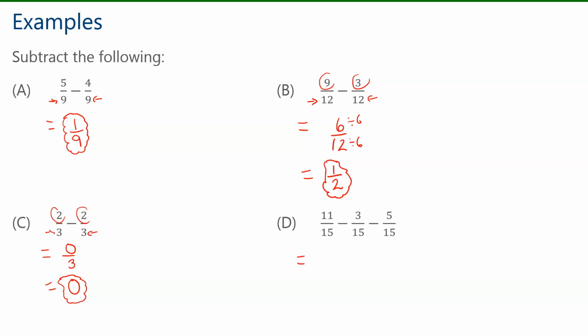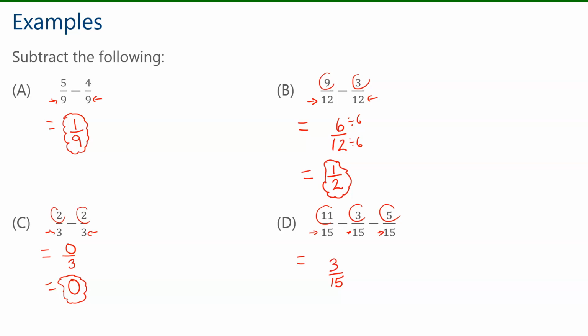In D, we have 3 fractions, 3 denominators, but they're all 15, so we copy down that common denominator. My numerators are 11, subtract 3, and then subtract another 5. So I subtract them in that order. 11 subtract 3 is 8, and 8 subtract 5 is 3.